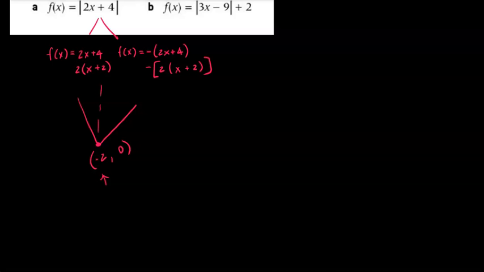So when we split these two up, now it's going to turn into f of x equals 2x plus 4. And 2x plus 4 is going to be that positive slope side. So when x is greater than or equal to -2. And then that absolute value, negative 2x plus 4.